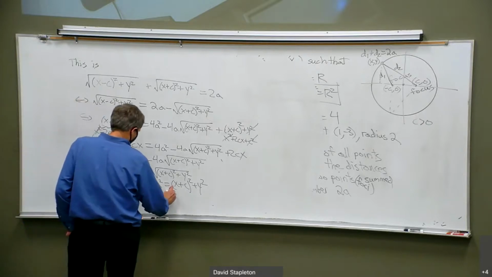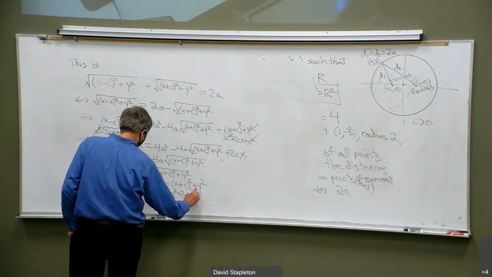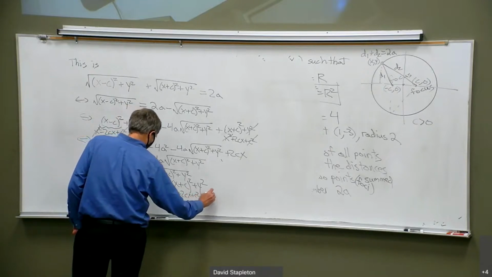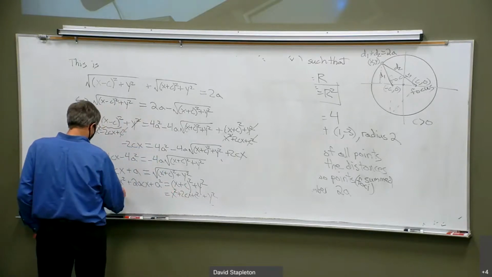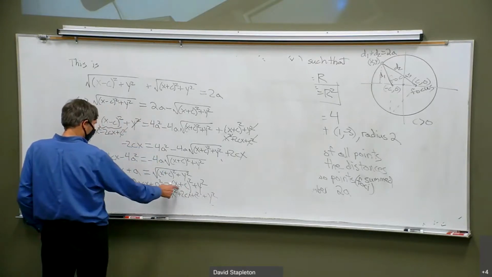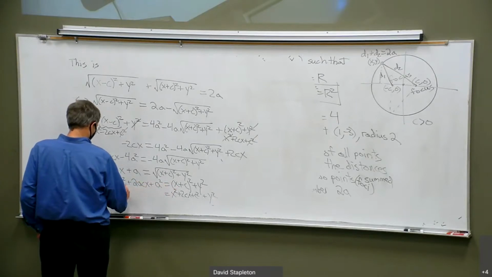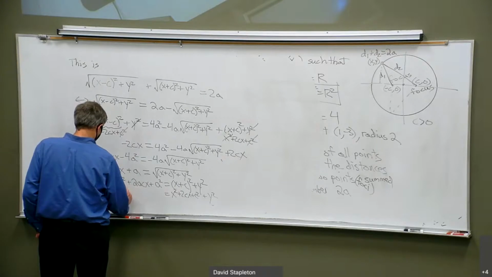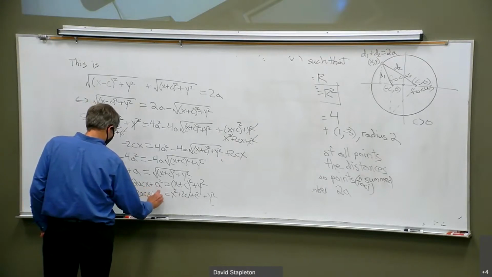This comes out to be x squared plus 2cx plus c squared plus y squared equals all this. Equals c squared x squared plus 2acx plus a squared.